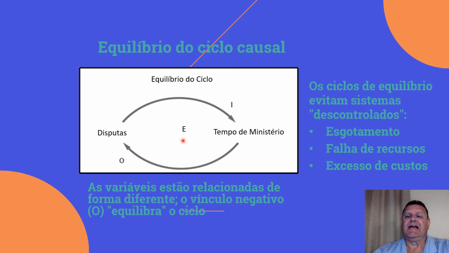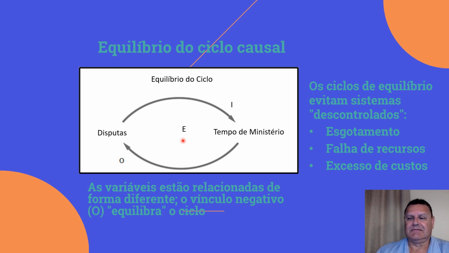Balancing loops prevent runaway systems. They prevent the burnout or the resource failure or cost overruns that we find in so many organizations. Balancing loops are how thermostats work. The house will get warmer and warmer up to a point where it automatically kicks in the air conditioning, and then it'll cool it down and keep it within balance.